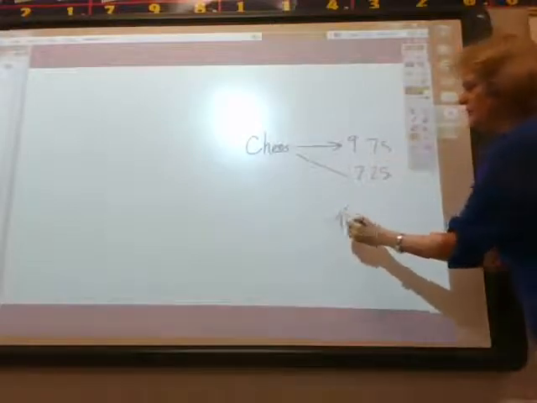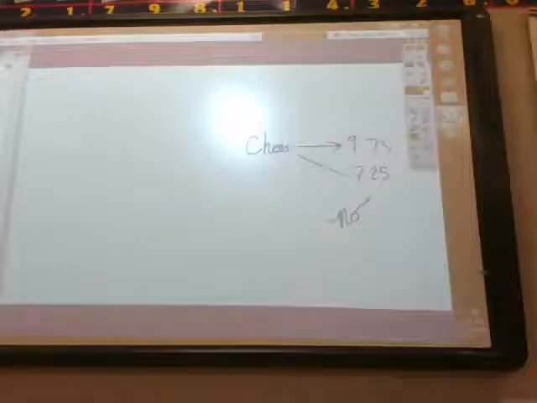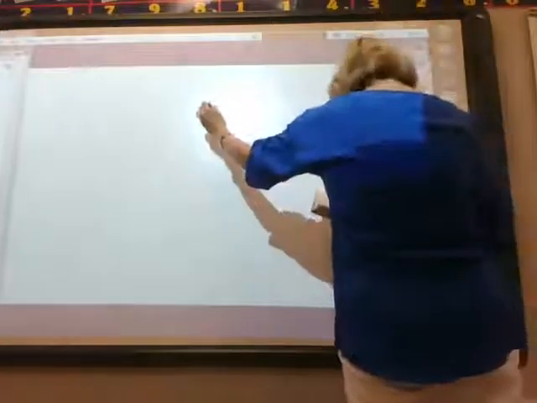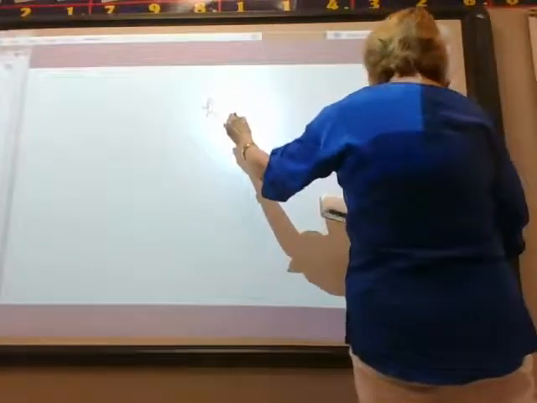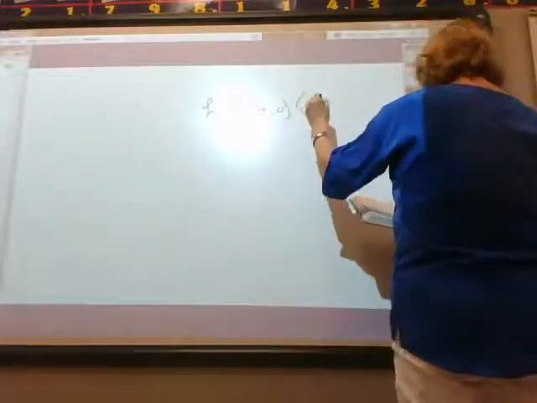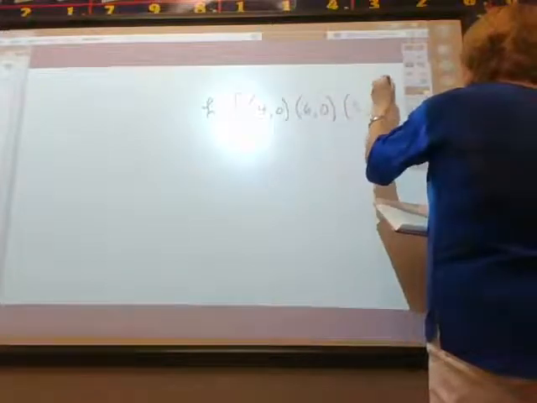So right away you can conclude that relation is not a function.